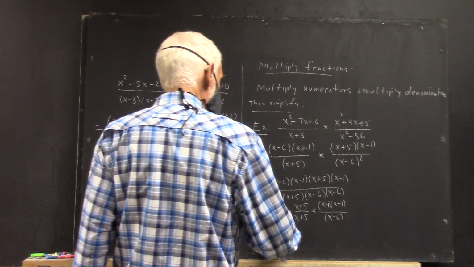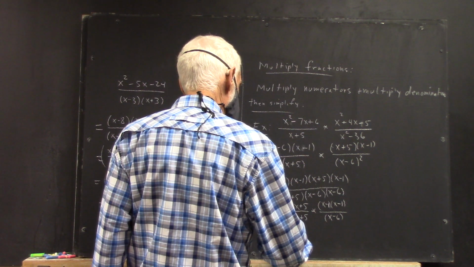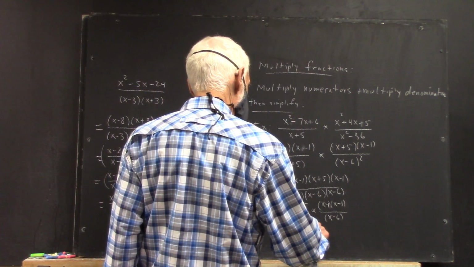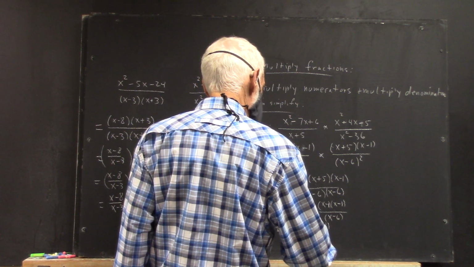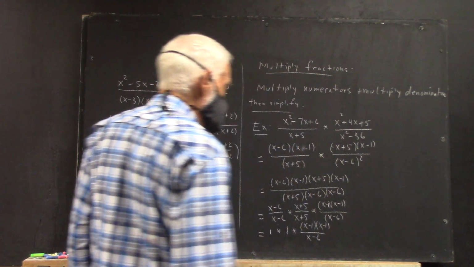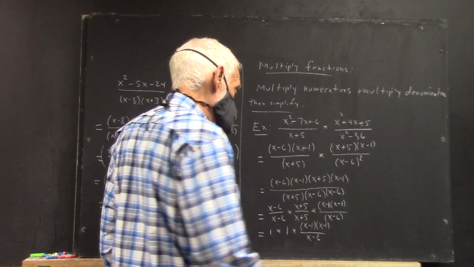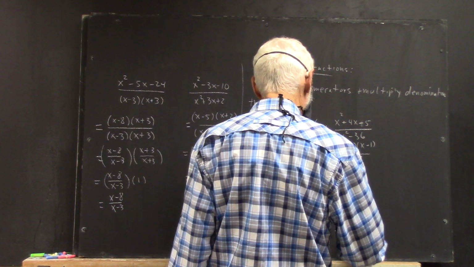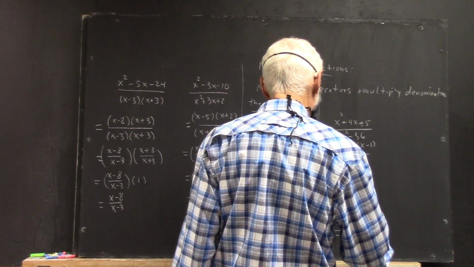Well then, x minus 6 over x minus 6 is 1. x plus 5 over x plus 5 is 1. And we have this. And multiplying by 1 doesn't change anything, so we have x minus 1 times x minus 1 over x minus 6.